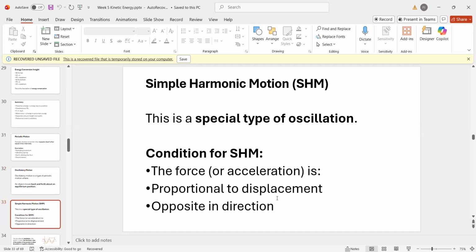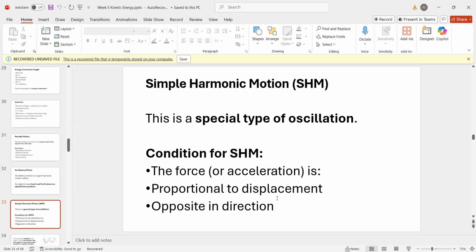So simple harmonic motion is also a type of oscillatory motion. The condition for simple harmonic motion is that the force is proportional to the displacement. That's why if you are conducting the simple pendulum experiment, you are expected to tilt the ball through a small angle, less than 10 degrees.